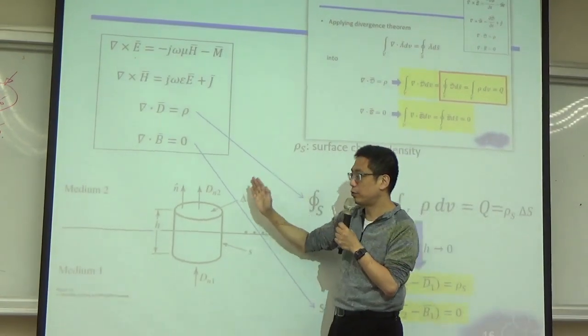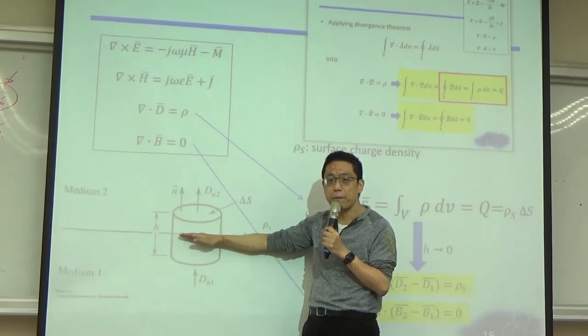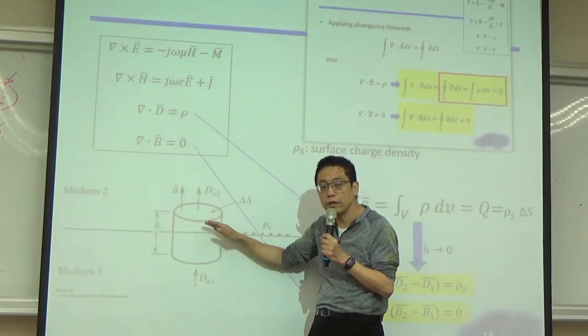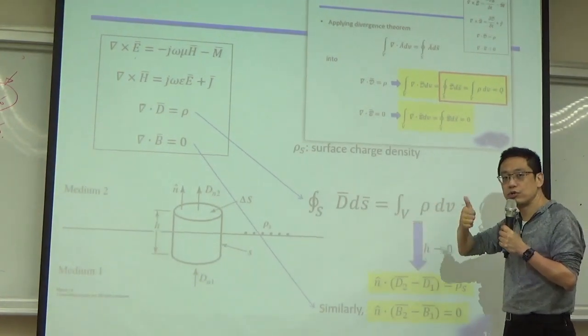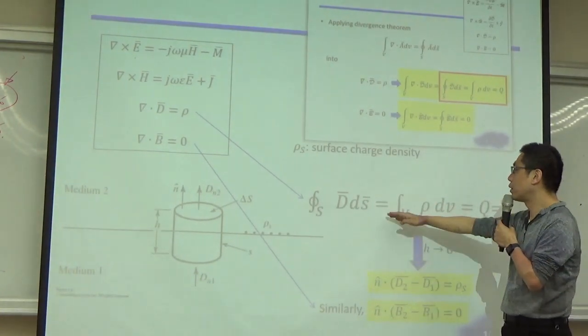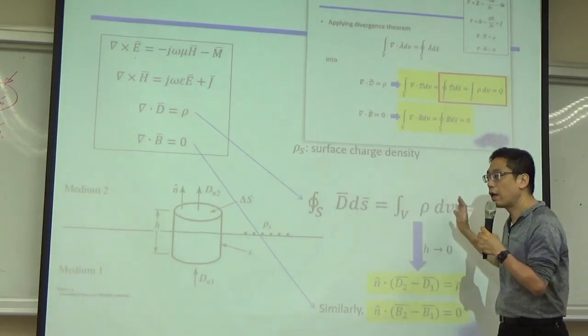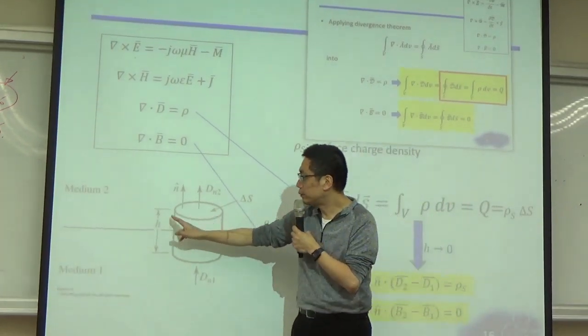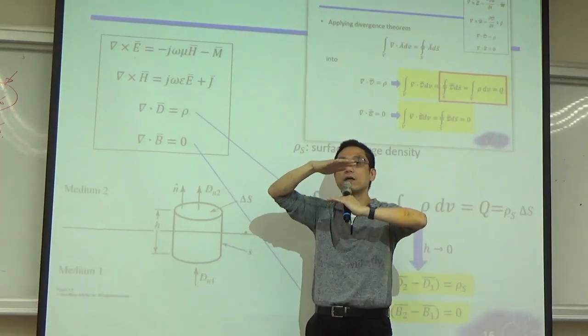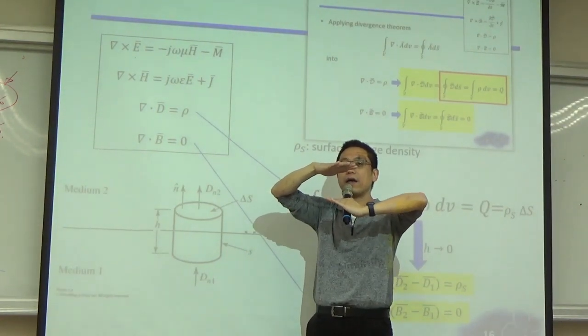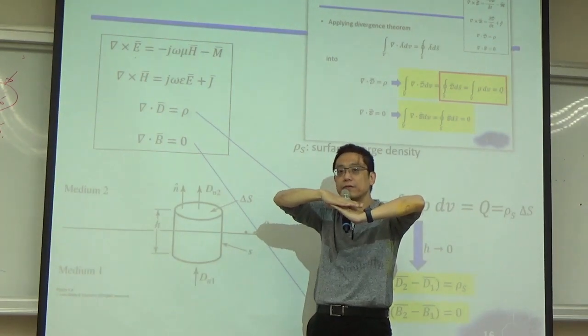And if we do the same thing on the boundary, we want to obey Gauss's law, and we assume the height of this cylinder is small enough.